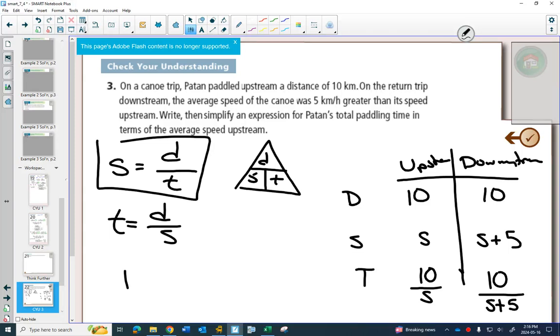The total time will be 10 over s plus 10 over s plus 5. If I want to add those together, I need a common denominator. So this one needs the s plus 5, and this one is going to need an s.